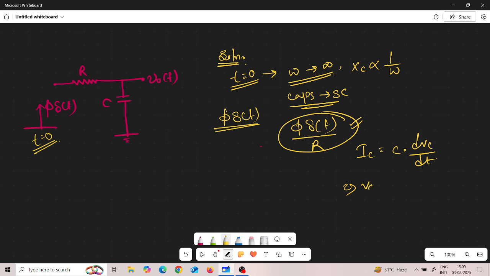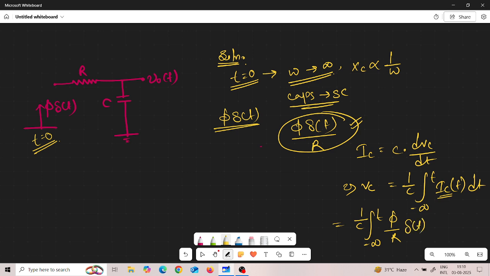So Vc is 1 by C integral from minus infinity to t of IC(t) dt. Here IC(t) is the impulse current, so it becomes Φ by R δ(t) dt, which becomes Φ by RC.